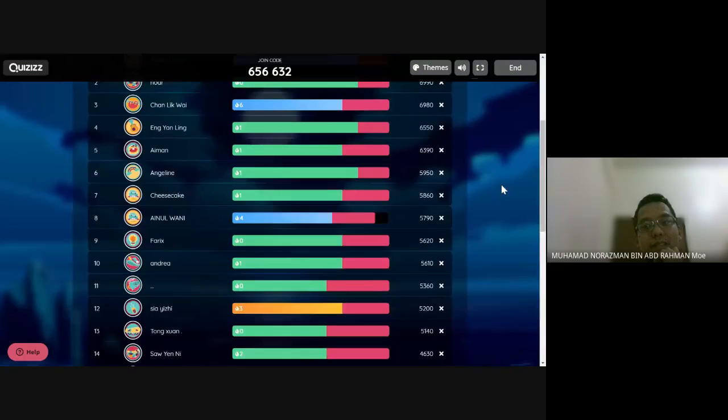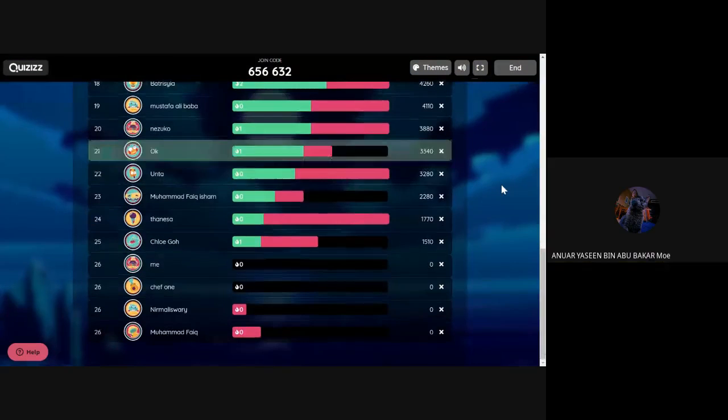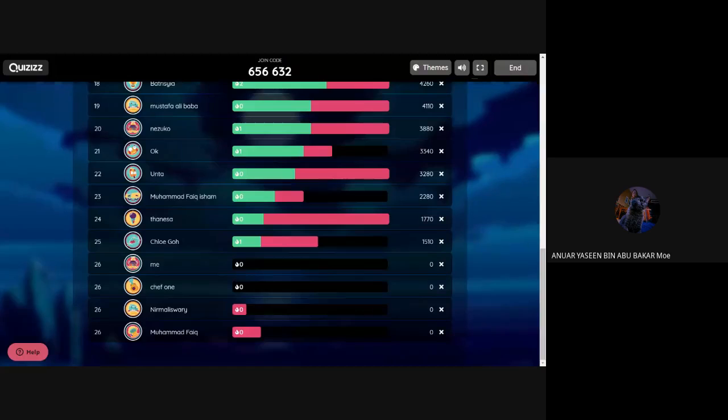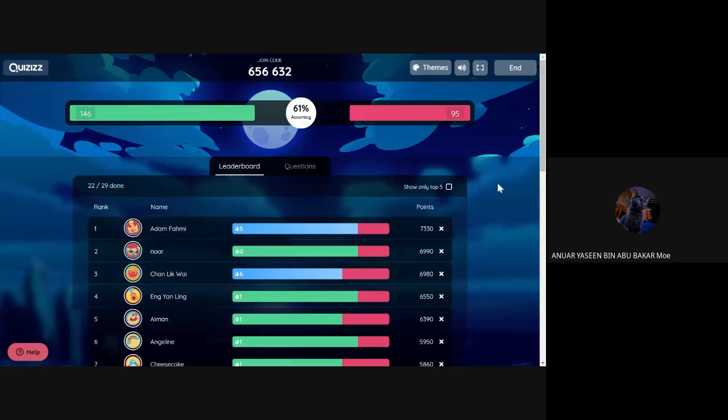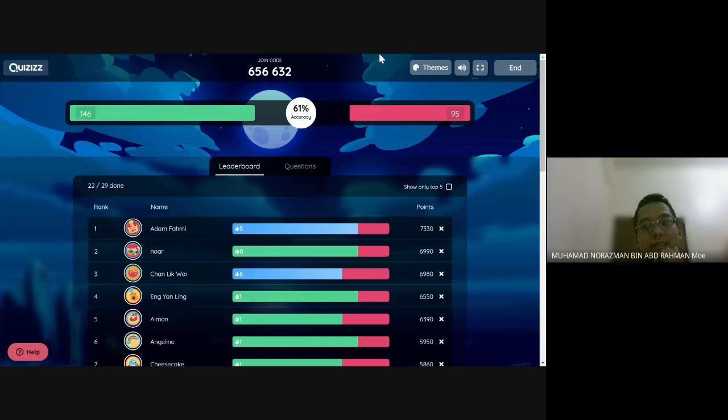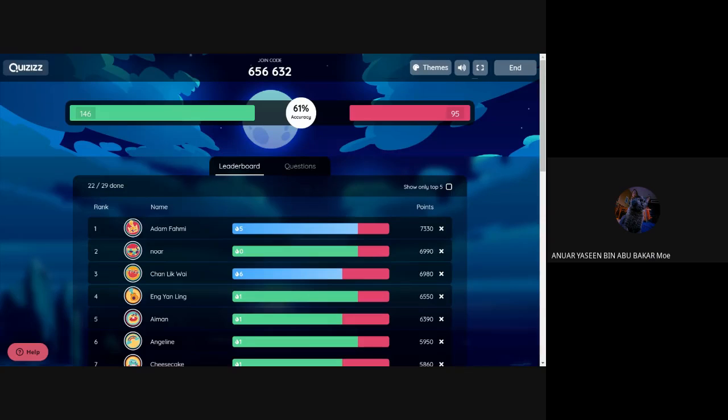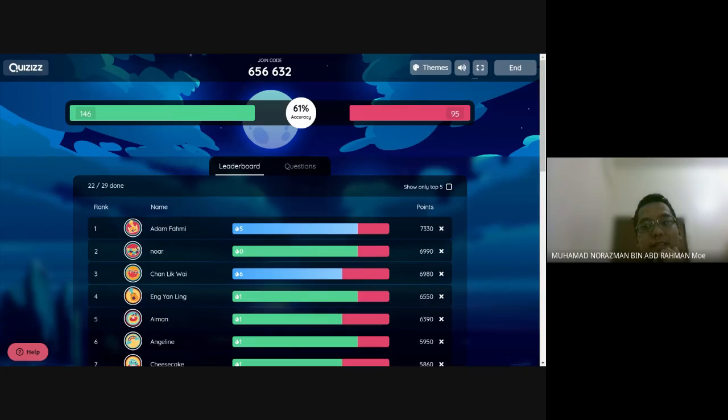Okay. So mostly semua dah habis. Ada lagi belum? Cikgu, timer dia cepat sangat cikgu. Ada timer ke? Lepas tu kalau habis timer tu, tak dapat jawab. Oh ya, ada timer ya. Aduh, sorry. Cikgu lupa nak set off lah tu.